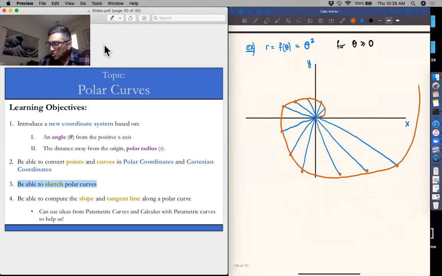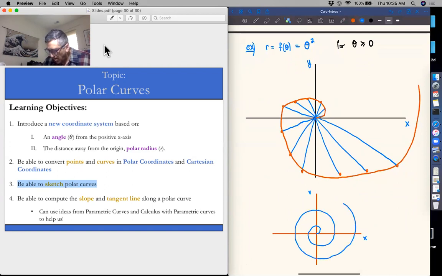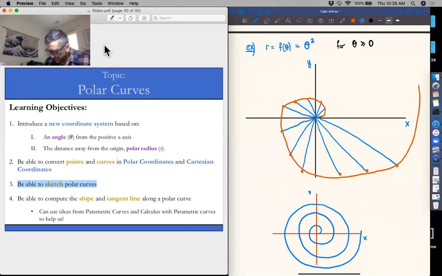We are really going to trace out a spiral in this case. So this shape really does trace out a spiral in the XY plane. Because again, as we keep going around the XY plane, that angle is getting larger and larger, and so will r, since we're squaring whatever that angle is.